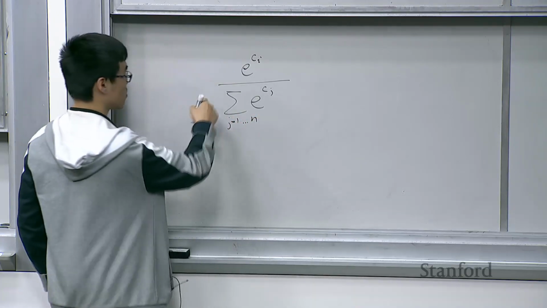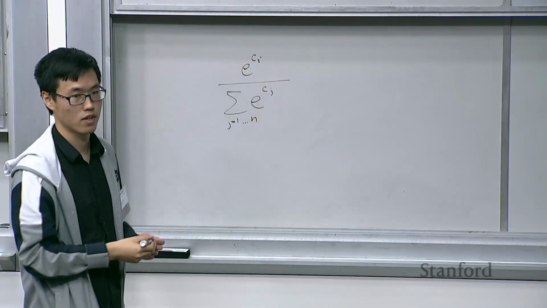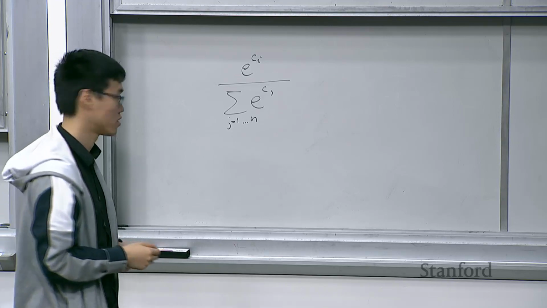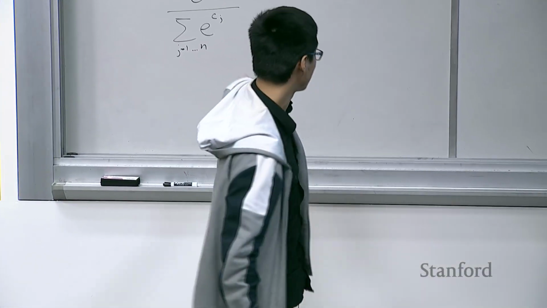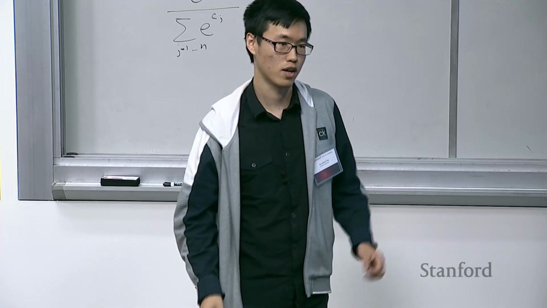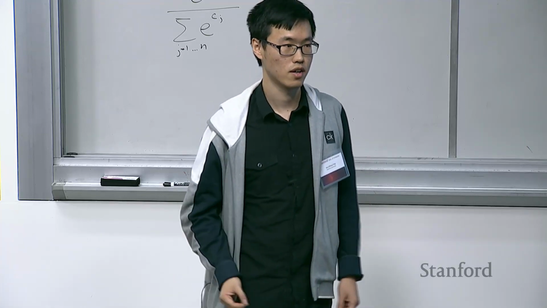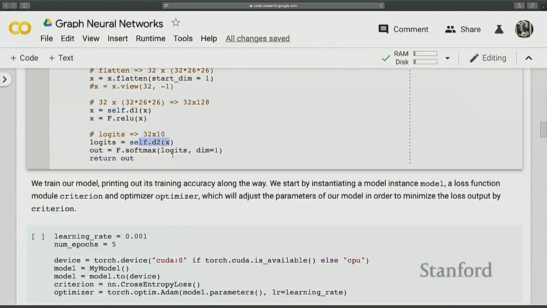This will be the probability of the model choosing that particular class. This is just basic softmax. And then with this softmax, we can use cross entropy to compute the actual loss. Is the basics about PyTorch clear? Are there any questions on PyTorch? Okay, cool.